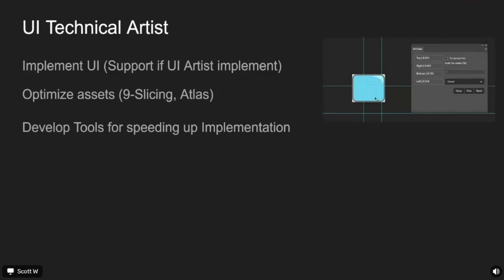They develop tools for speeding up implementation work. For example, on the right here is a tool I made a long time ago for Photoshop, which allows an artist to quickly 9 slice. If you know what a 9 slice is, that's great. If you don't, it's basically cutting up a texture and having it stretch in engine.